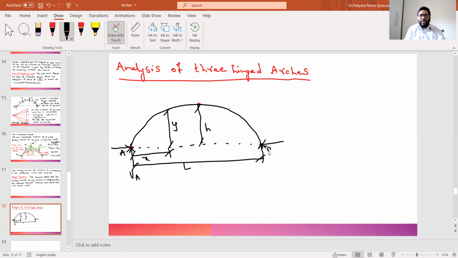This is A, this is B. We have point C at the top, and this is subjected to a uniformly distributed load for the sake of understanding of how to derive the expression for a three hinged arch, W kN per meter.